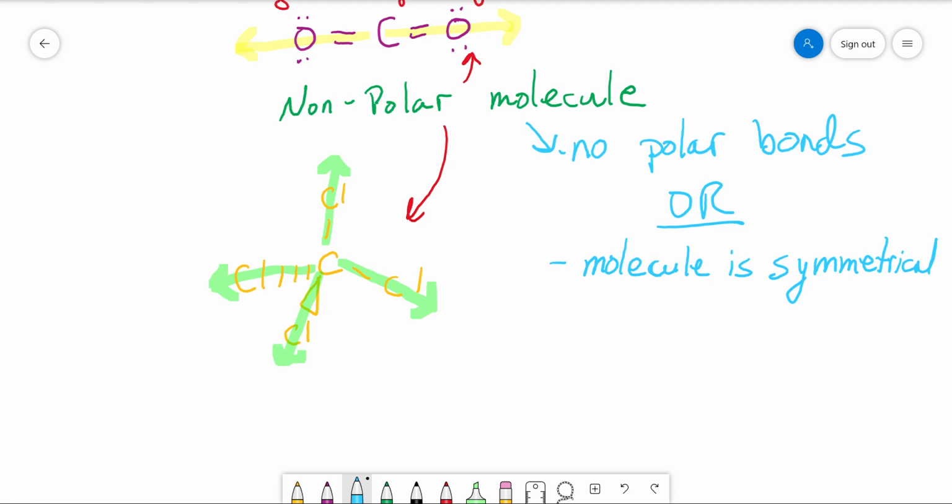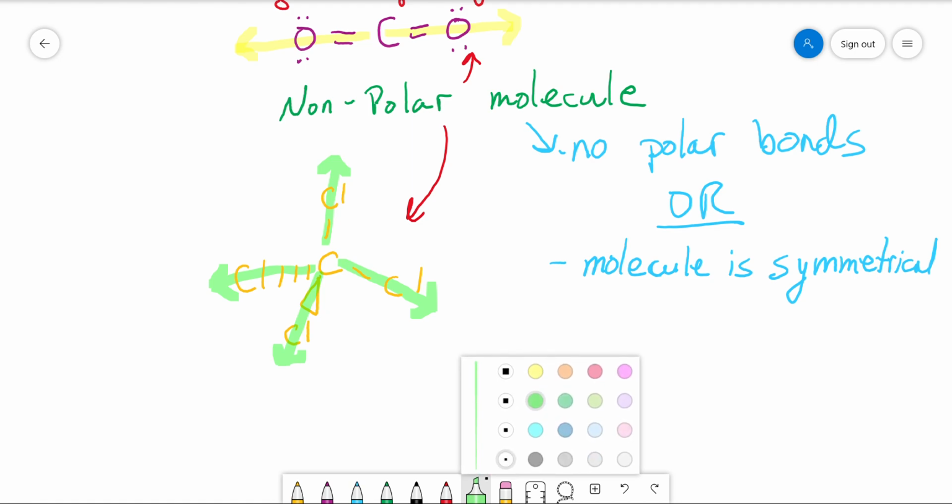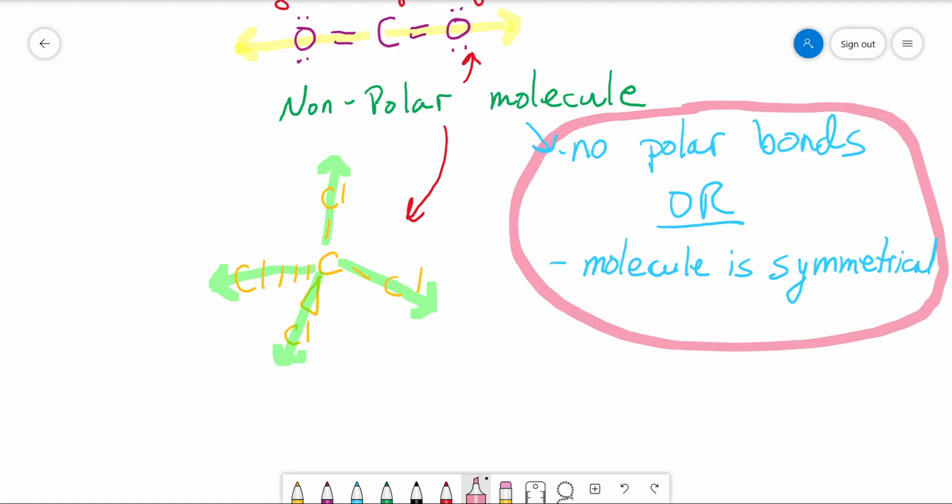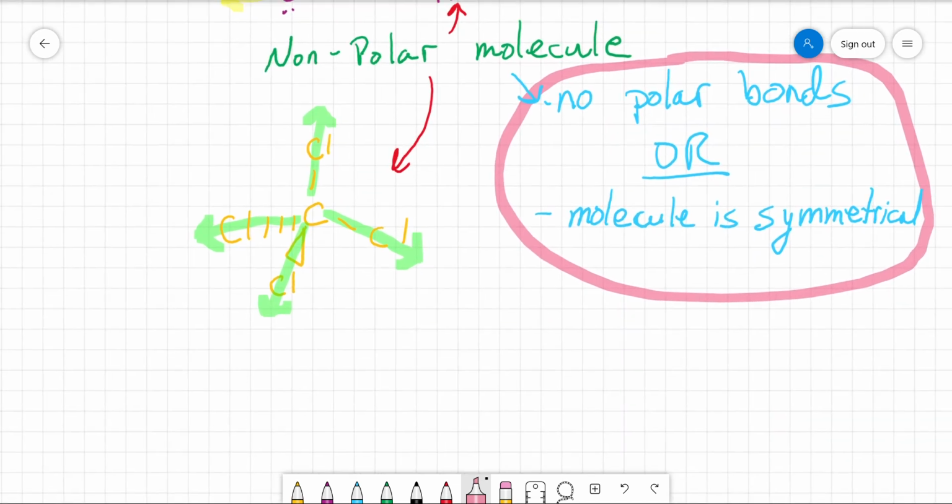If the molecule is symmetrical, then it is a non-polar molecule. So remember that. No polar bonds or the molecule is symmetrical, then it is a non-polar molecule.